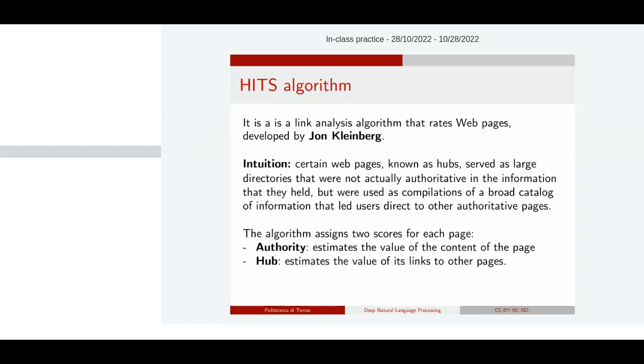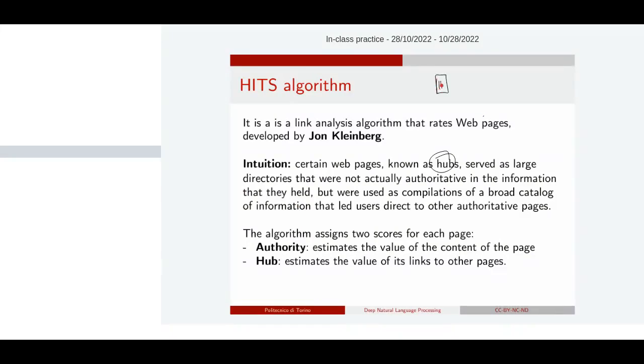In this case, they are called hubs, because they serve as a directory, a container of links to other pages. And then we have authorities, which are actually referenced by a lot of web pages.